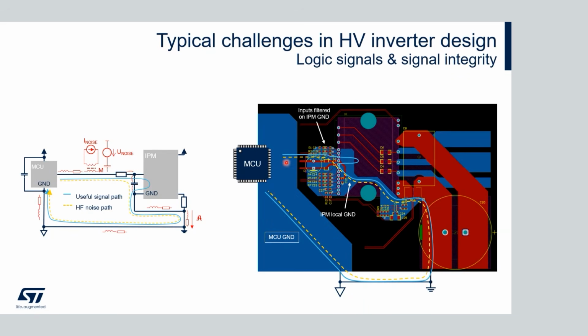But since these are, in this example, digital signals, they are relatively robust and can take this amount of galvanic coupling. The rest of the noise that is coupled onto this trace, the capacitive and inductive, is partly filtered by the added RC filter, and this should be placed as close to the relevant input pins as possible and grounded to the same ground that the receiver is grounded to, in this case, the IPM ground. This way you can shunt away all the noise that is coupled in this whole loop.